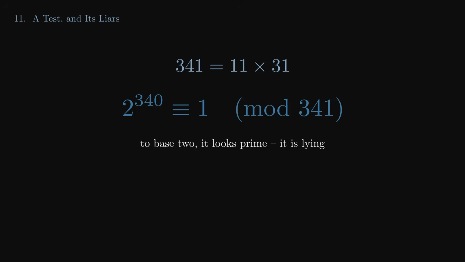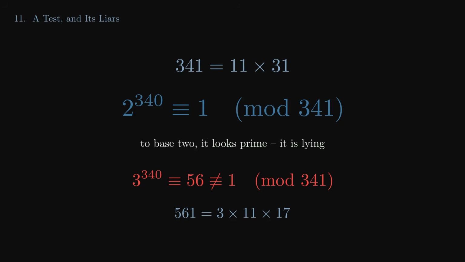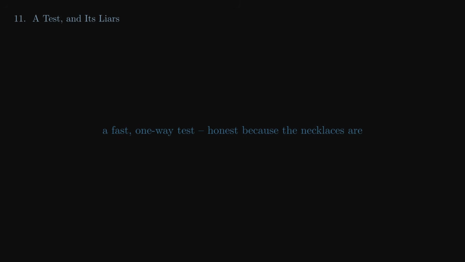Usually a second base exposes the fraud, but a rare and stubborn few, the Carmichael numbers, pass for every base that shares no factor with them. The smallest is 561. Those numbers are a story this channel has told before, so we will leave them at the door. The point here is only this. Fermat's theorem gives a fast, one-directional test, and the necklaces are the reason the honest direction is honest.